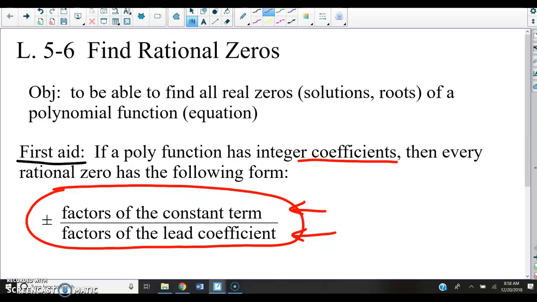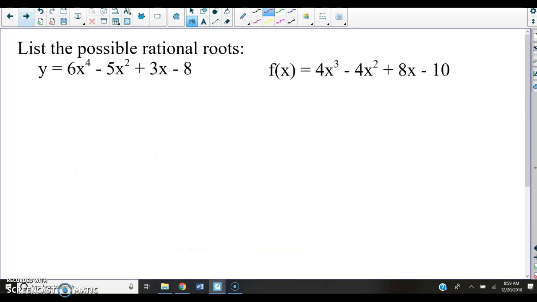But if it's not, you want to put it in descending order so that you've got your lead coefficient first, your constant at the end. If there is no constant, remember you can always factor out a variable, an x, and then look for constants from there. All right, so we're going to practice finding those.